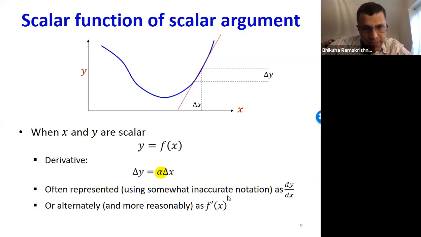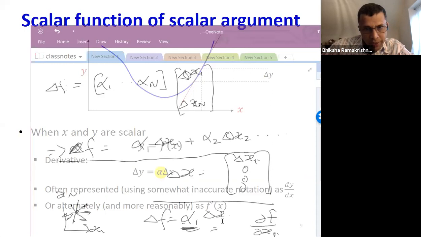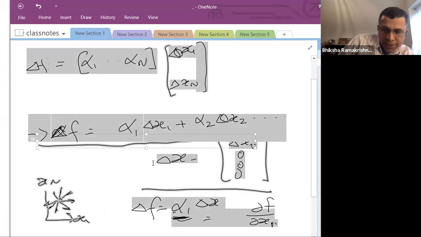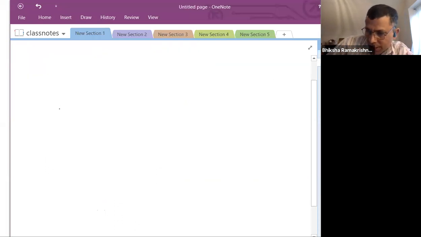You're better off representing it as f prime of x because it captures the dependence on x. Also, the only correct way of writing the derivative is literally this. If you want to represent a derivative, you want to use this notation, which is dy equals derivative times dx.